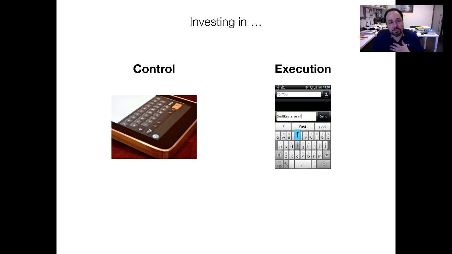Now, from a perspective of investors, we know what to do with control. You value the IP and you say once you've got the IP, it's like writing an annuity for the returns into the future. Whereas execution, that's different. Execution requires continually innovating.